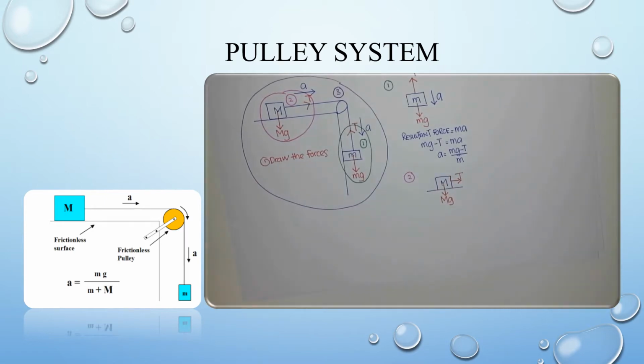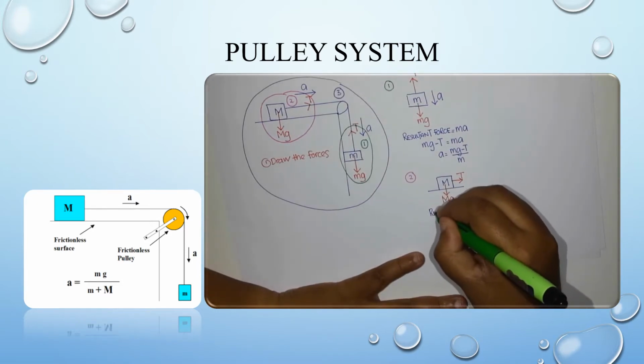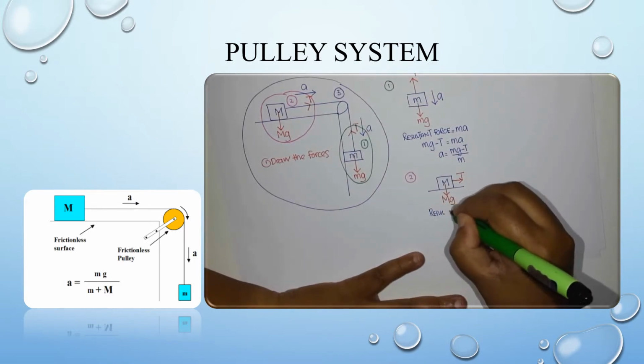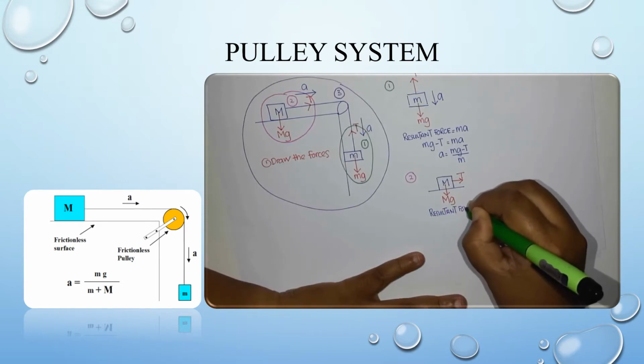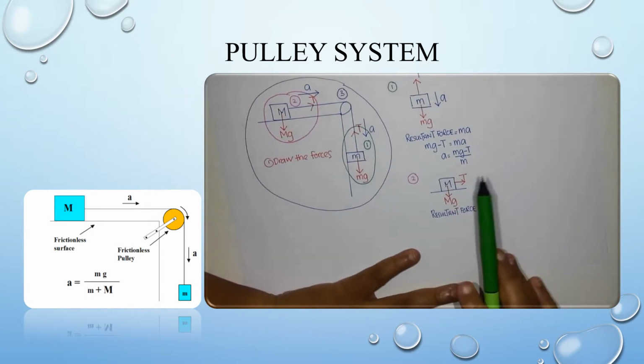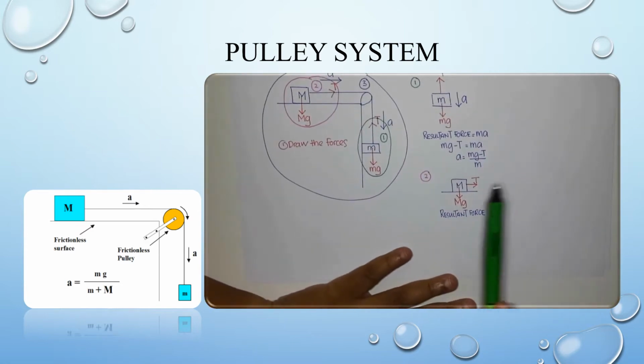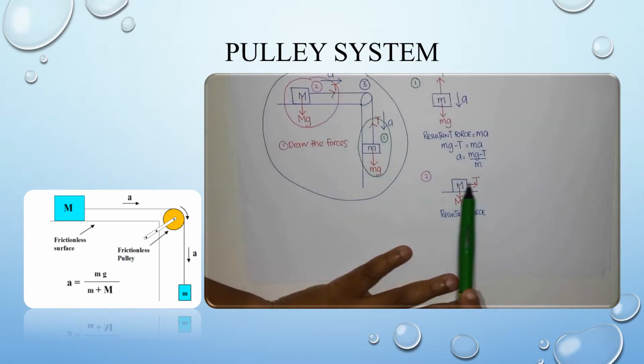What we should do now, the first step, is to find the resultant force. What will be the resultant force? The motion of this object here is in this direction, so we only consider the force involved in the motion in that direction.